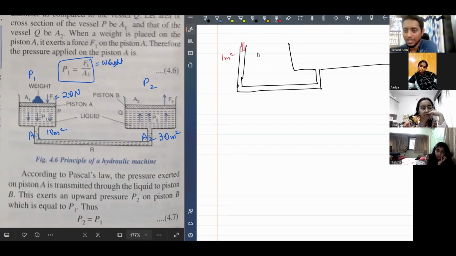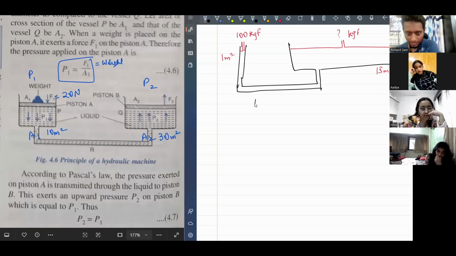On the right side, we have a very wide piston which has an area of, say, 15 meters square. Now on the left side, if I apply 100 kg force, what's the force that will be felt on the right side?